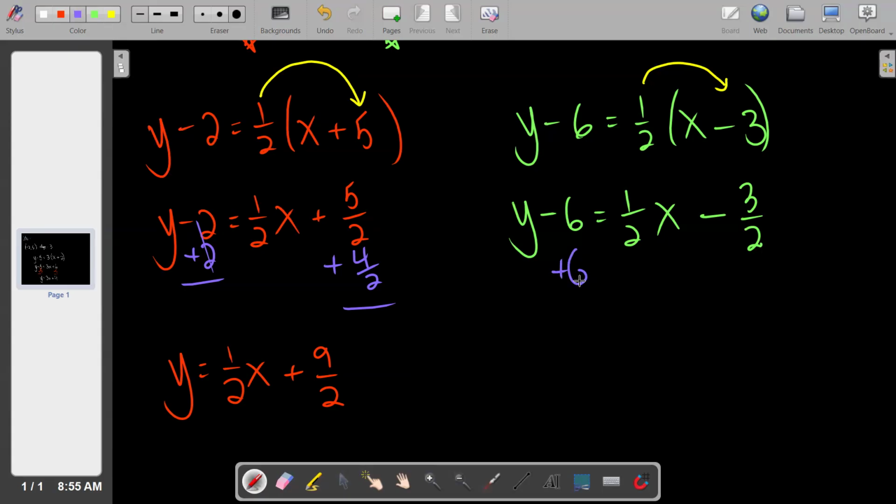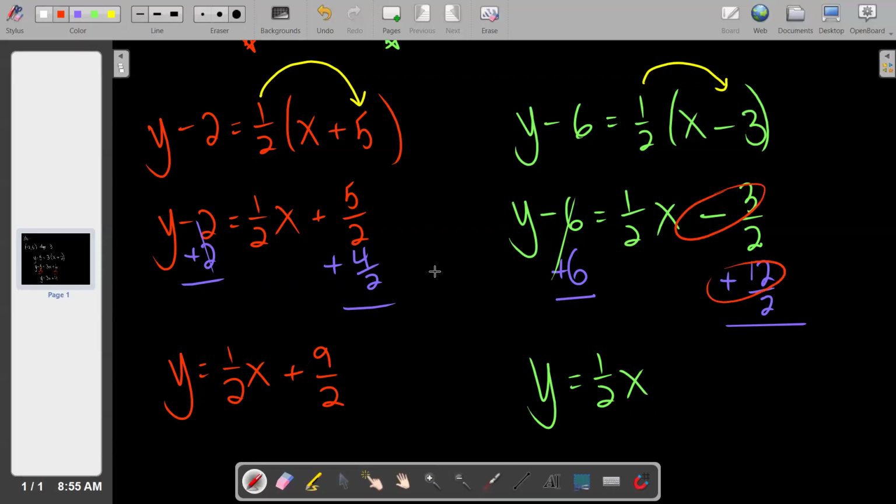We're going to add 6 and then watch the pen. We're going to add 6. I said 6, but I wrote 12/2 because I needed to have a bottom of 2 to match its buddy. And then you go, there it is. I see it. I get y equals 1/2 of x. What is -3 plus 12 plus 9?